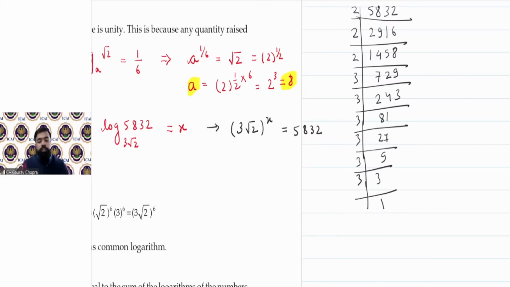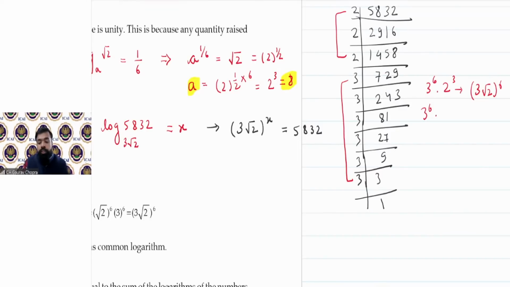And with the help of these factors, we can easily write them in power form. So this is 3 to the power of 6 and 2 to the power of 3. So this can be written as 3 root 2 whole to the power of 6. Why so?